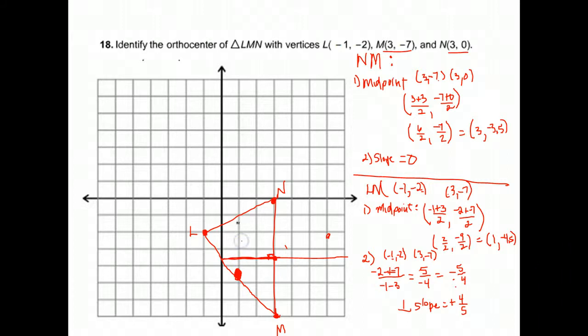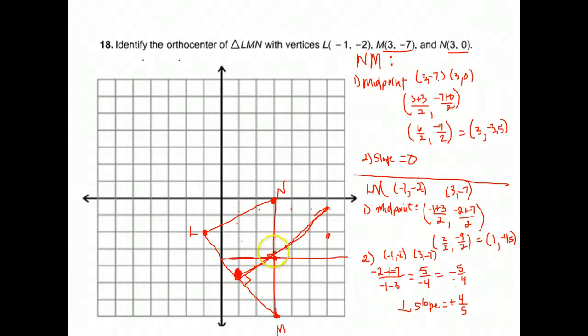Up 1, 2, 3, 4, over 1, 2, 3, 4, 5. See if I can draw that line at all. Okay, so again, little rough when you're drawing with an electronic writer. There's the altitude for that side.